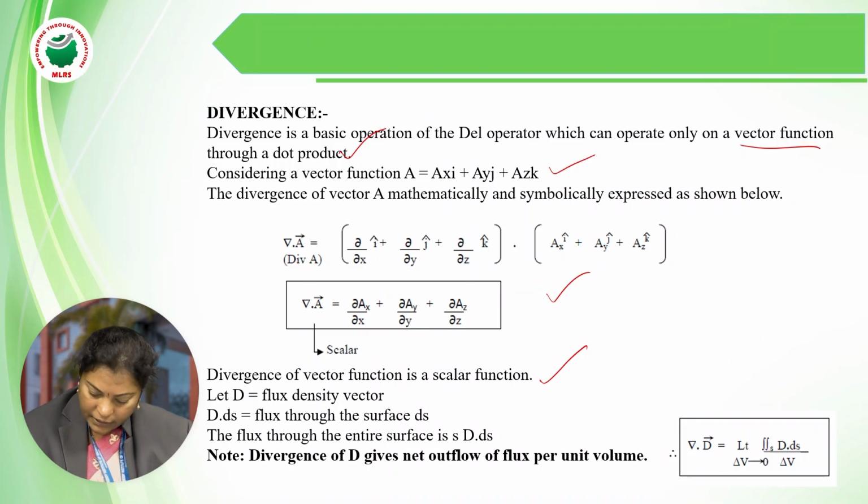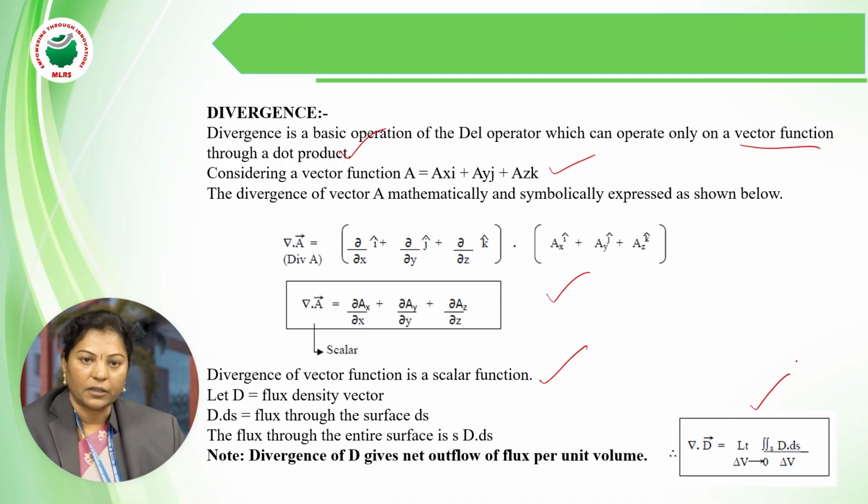Let us take an example. The flux density vector is D. Here S is the area, and we are considering a field through some particular area. D dot ds equals the flux through a surface element ds, so the flux through the entire surface is the integral of D dot ds.